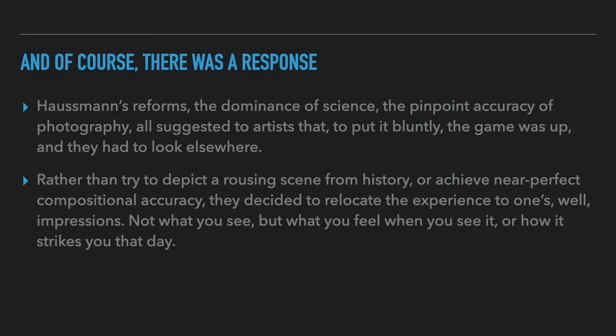So where do you go from here? The Impressionists in the 1860s and 1870s go, well, here's the thing. What if what we paint is not actually what you see, but how you feel when you see it?